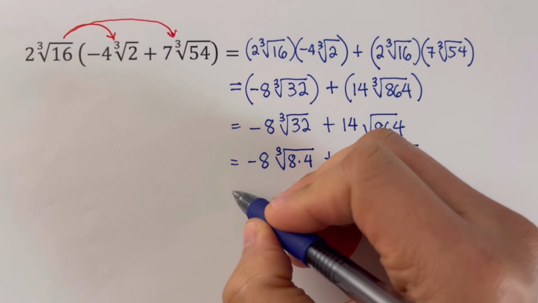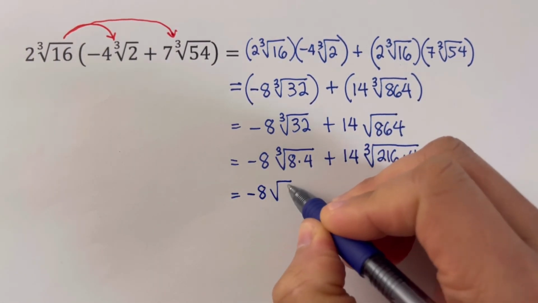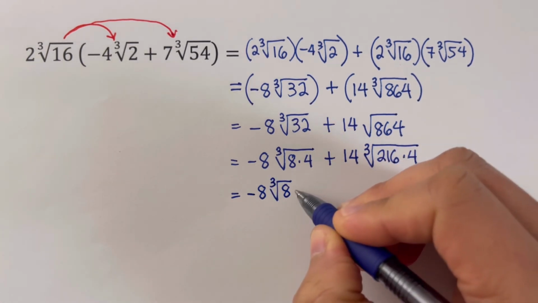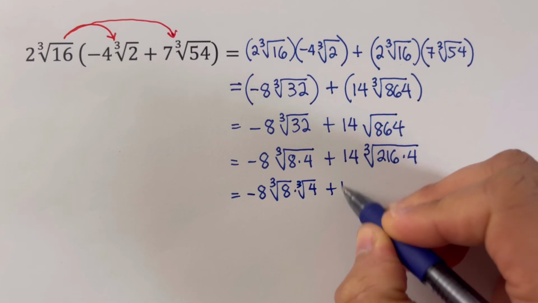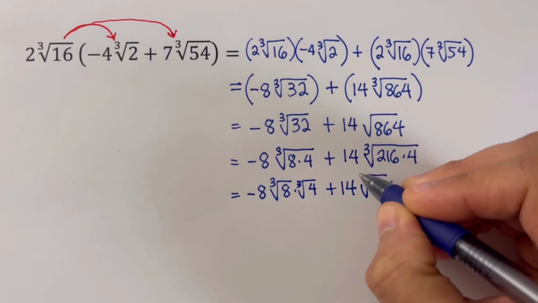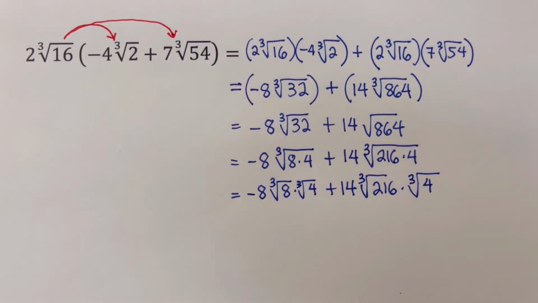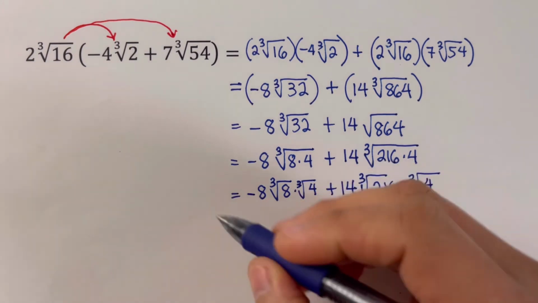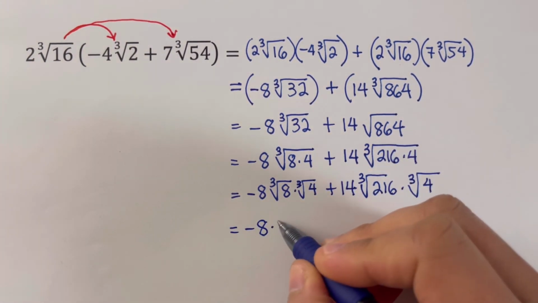So we can go ahead and simplify this further. This would come out negative 8 cube root of 8 times cube root of 4. And then we have 14 cube root of 216 times cube root of 4. So that we can simplify this further, that is negative 8. Cube root of 8 is 2.